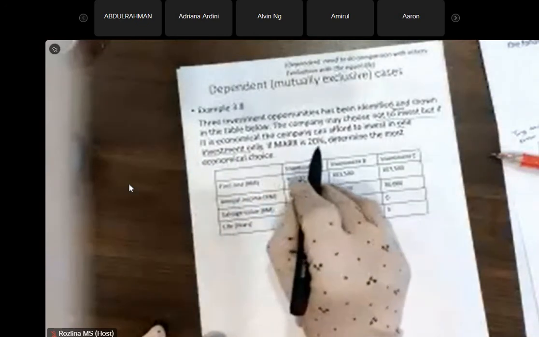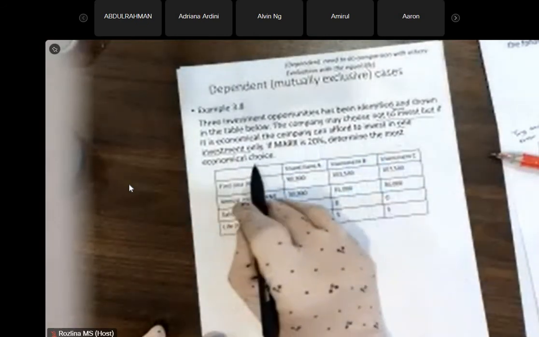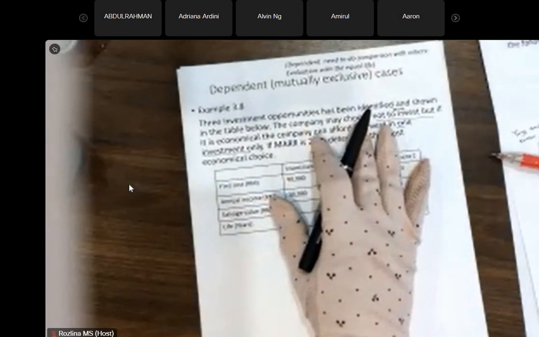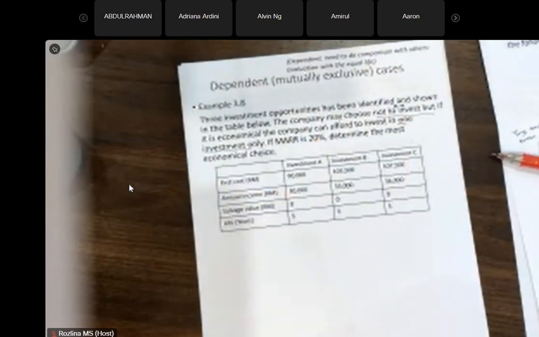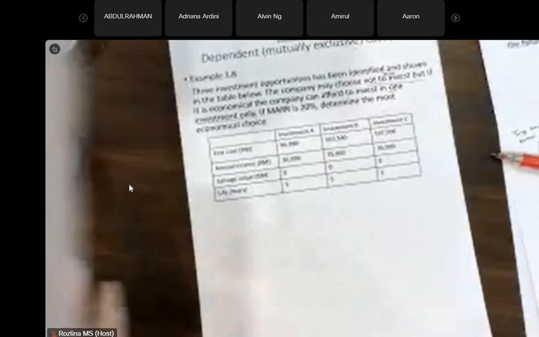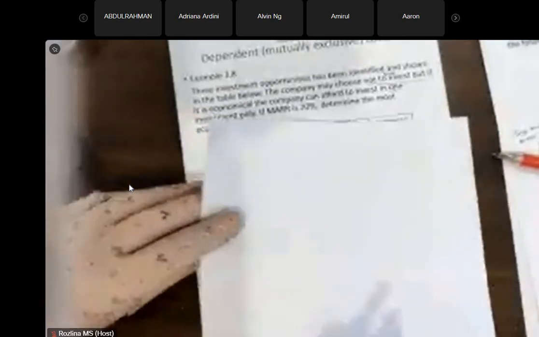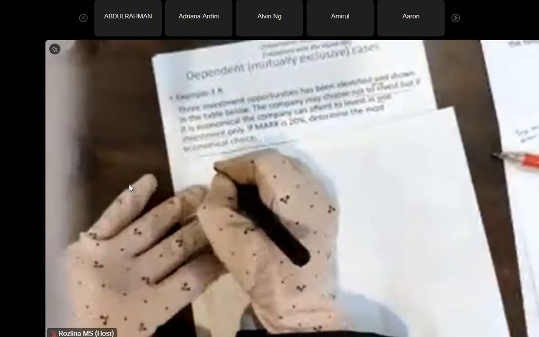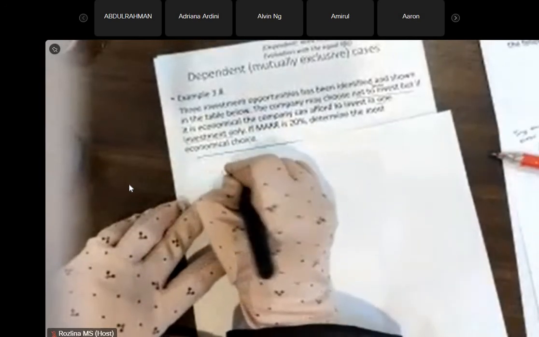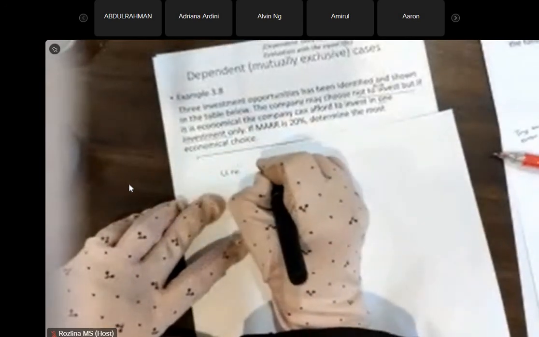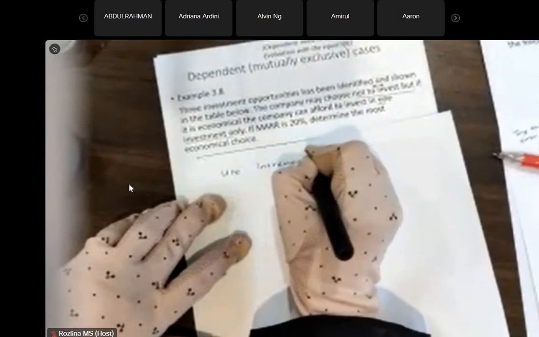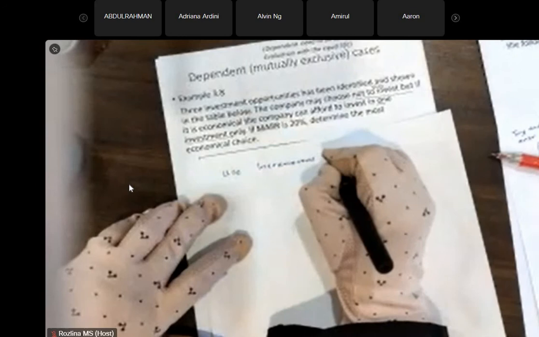If MARR is 20%, determine the most economical choice. Macam mana nak buat? Okay, for this case, dia punya explanation, you have to use incremental analysis.